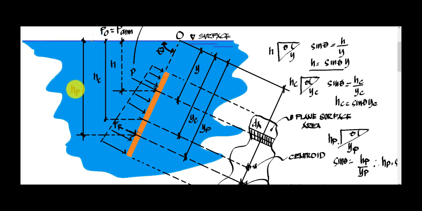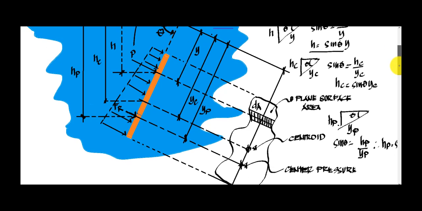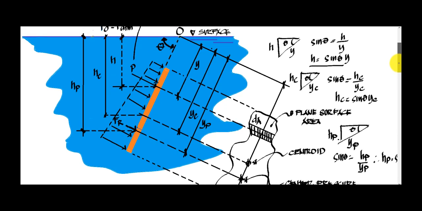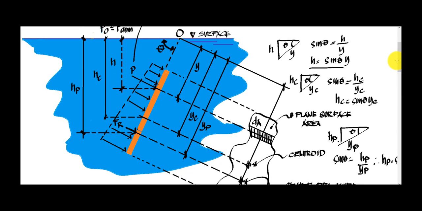So HP will be the location of your center of pressure. If we find the value of YP, we are able to determine the location of HP, which is normal to the surface of the liquid.